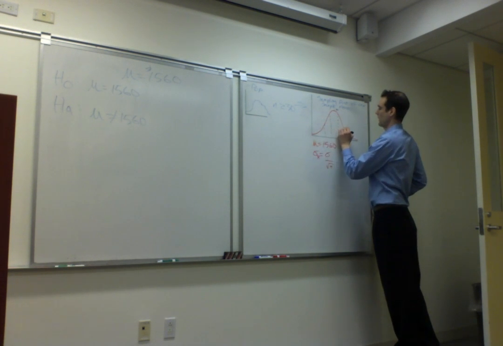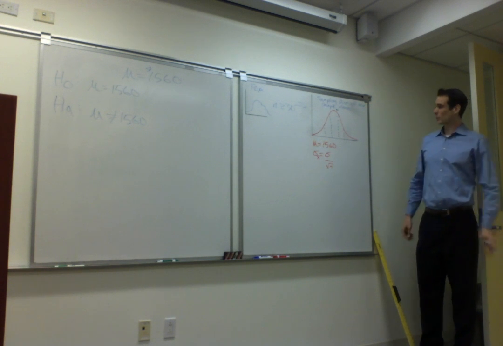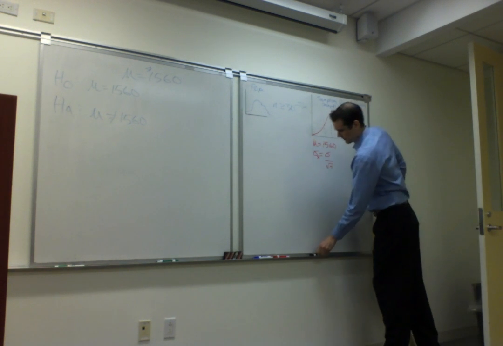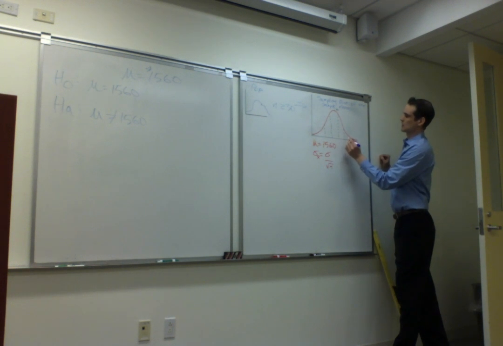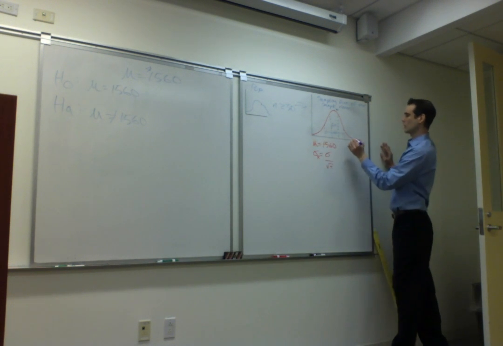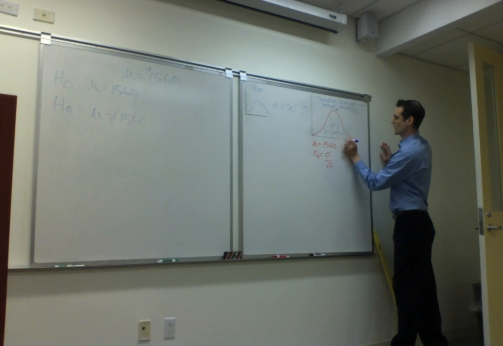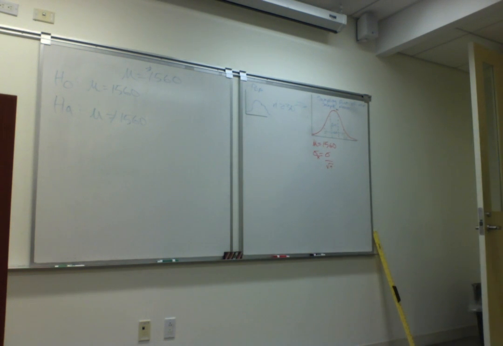So, suppose we were to take a sample mean and we were to get one of those sample means that falls, let's do this. This is 1, and this is 2 standard deviations. Okay, we were to get one of those that falls above 2 standard deviations above the mean.